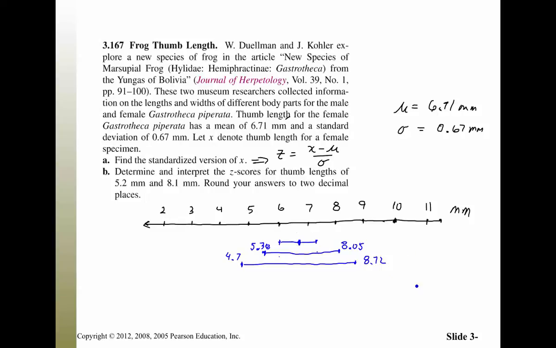Okay, so then let's look at a thumb length of 5.2 millimeters. Where does that fall on the scale here? So the first data point is right here. And what can you say about this frog's thumb length, 5.2 millimeters?